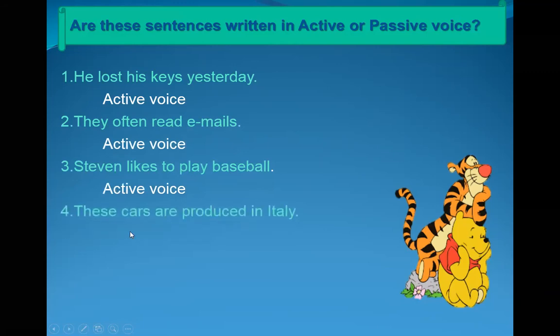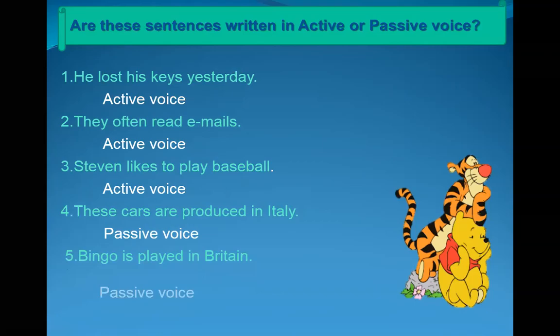Number 4, these cars are produced in Italy. Here we started, excellent, with the object, the one who receives the action. So the answer will be passive voice. Number 5, bingo is played in Britain. Also passive voice. Perfect. Is it clear?